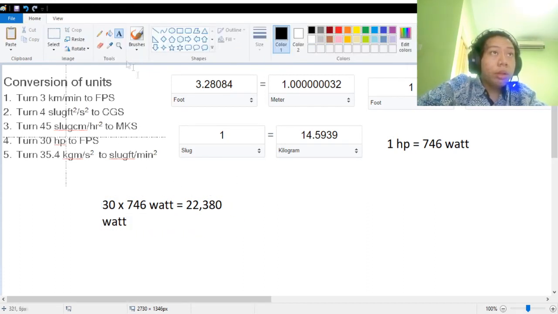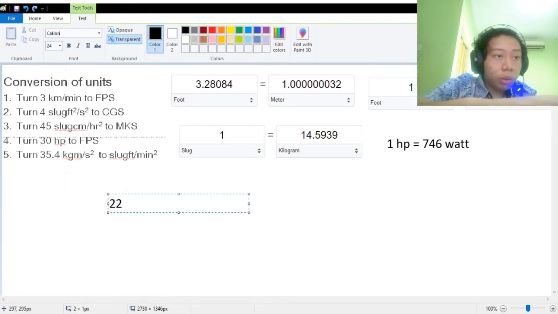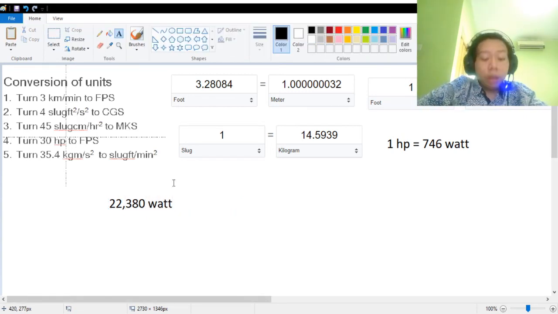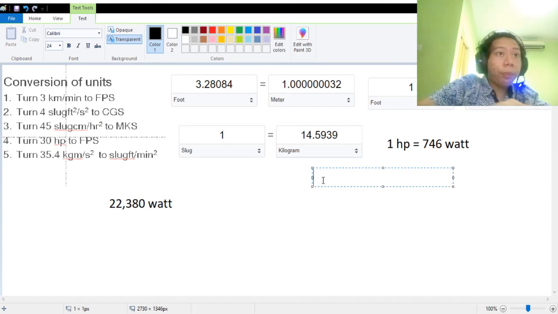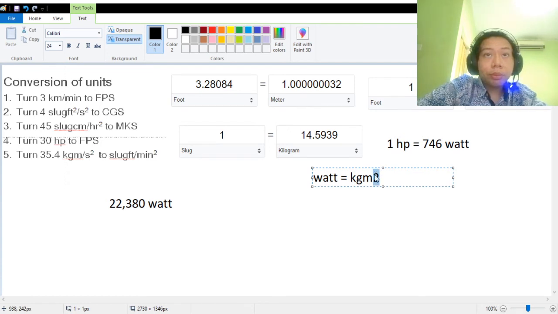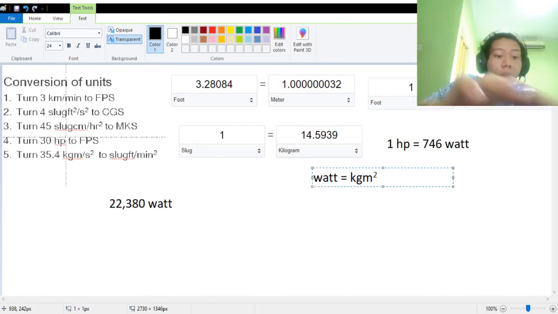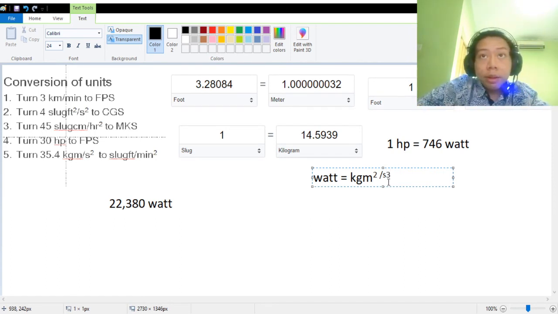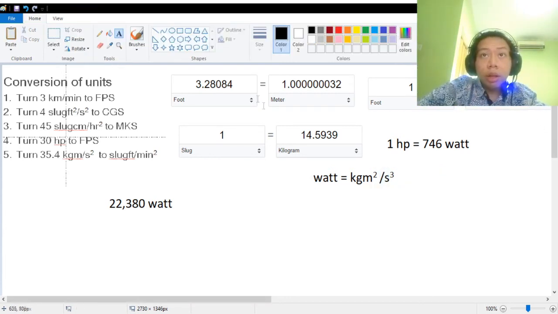Okay, and we know that watt is equal to kilogram meter squared over second cubed.